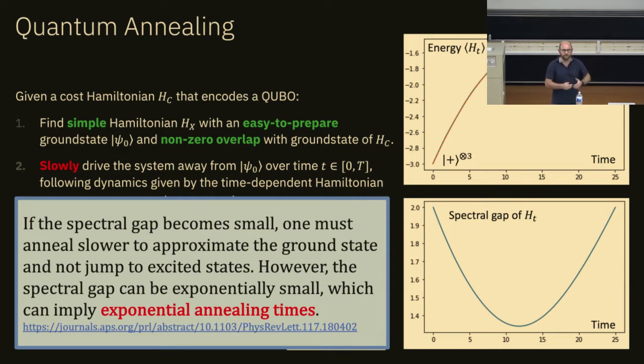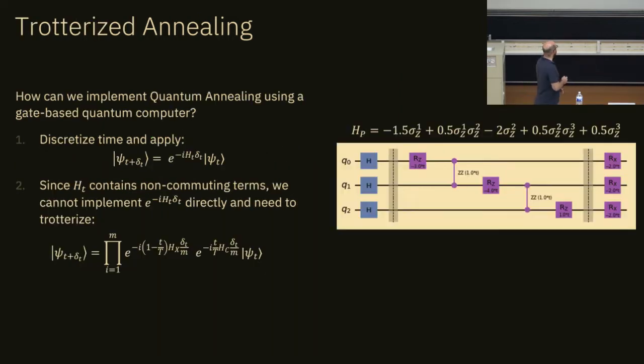The smaller this gap, the slower we have to anneal, the longer the runtime to actually get to the ground state. This can actually lead to exponential runtimes, and if you look at the annealing papers, that's also usually the scaling you see. This is the catch of this approach.